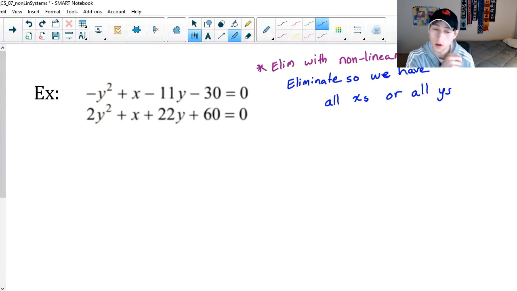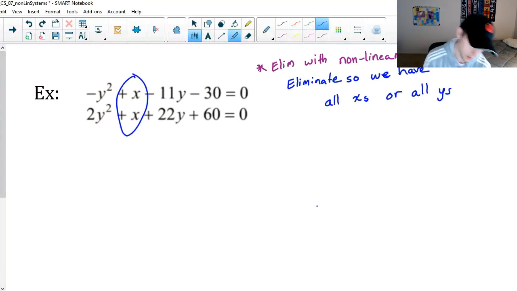Okay, eliminate so that we have all x's or all y's. So that means I'm going to choose to eliminate x in this equation, because then I'll be left with y squared and y. I don't want to have a mix. I don't want to eliminate y, because then I'd have an equation that has y squareds in it and x's in it, which doesn't help me as much.